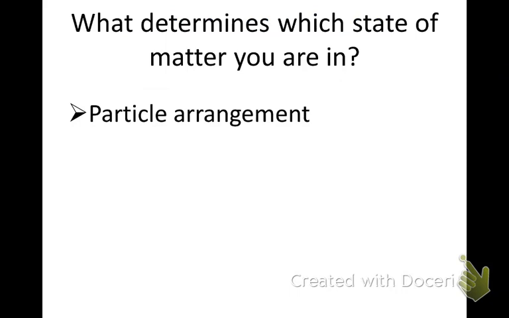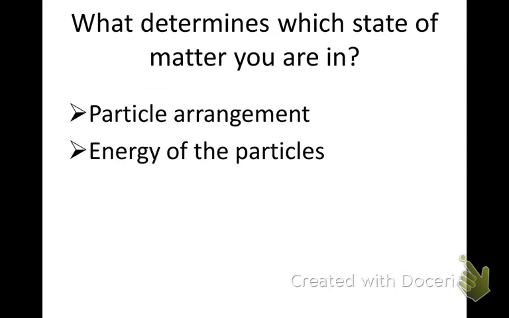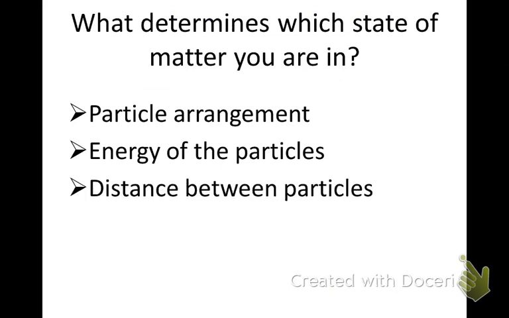Next one would be the energy of the particles, how fast they're moving, in a way that's related to the temperature of the particles. And finally, the distance between the particles. So those three factors really determine what state of matter you are in.